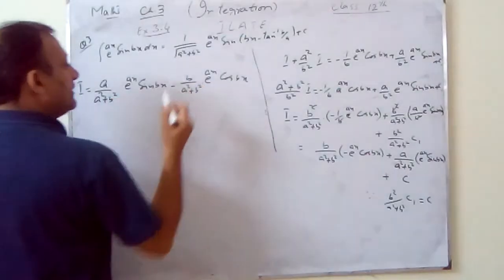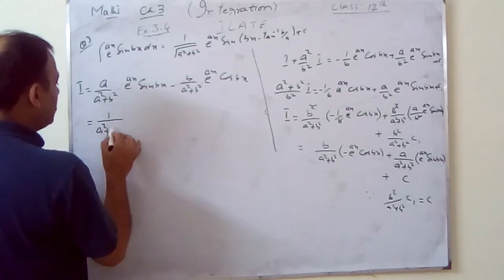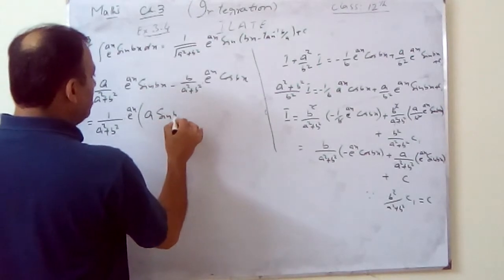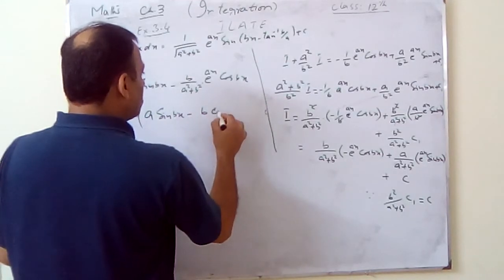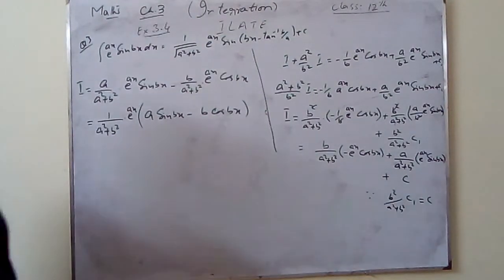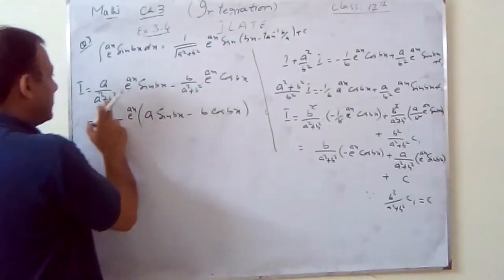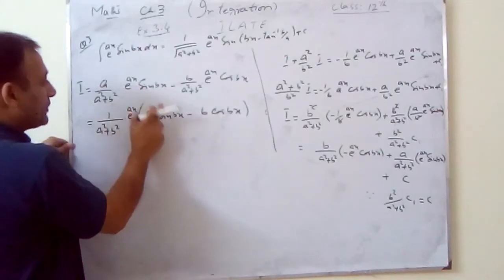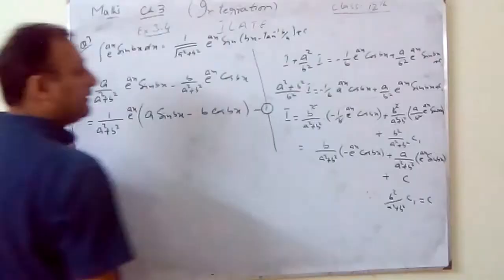Now I am taking the common value 1 over a square plus b square and e power ax common, so a sin bx minus b cos bx is left. This is our question number 1.